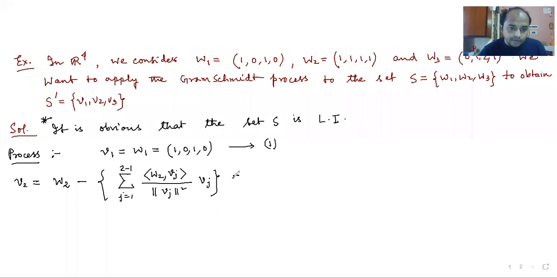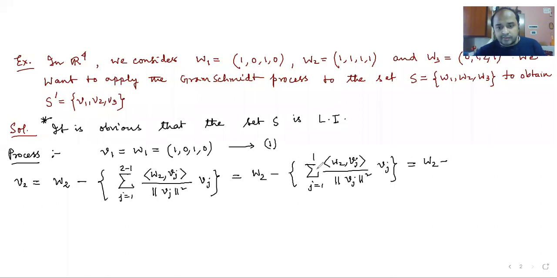Now I am going to break the summation. So we are getting W2, and 2 minus 1 means 1. That means j goes from 1 up to 1. Only one term will be considered. So W2, Vj by norm Vj square, Vj, since j is running from 1 up to 1, we are considering only one term.